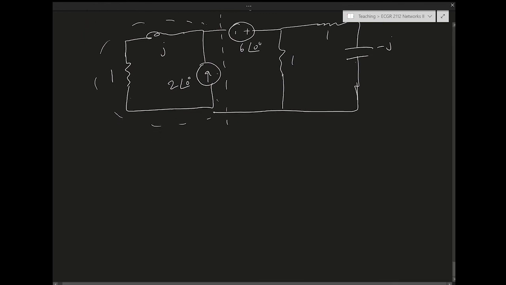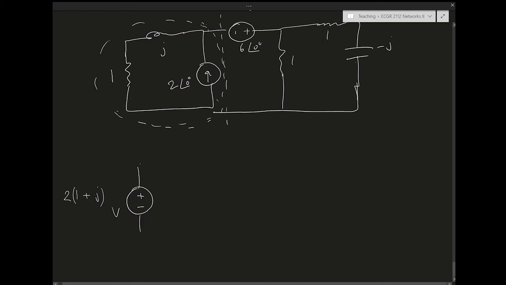Okay, so as a voltage source, what would this portion look like? The current is going to pass through those two impedances, 1 plus j, right? So as a voltage source, this source is going to look like 1 plus j times 2. This is the voltage source, in volts.